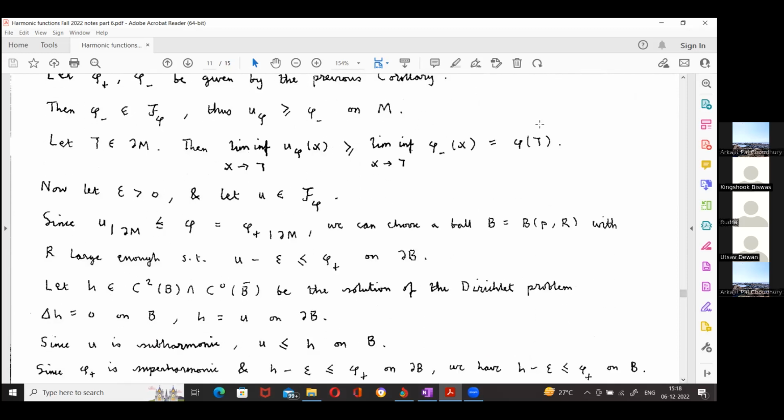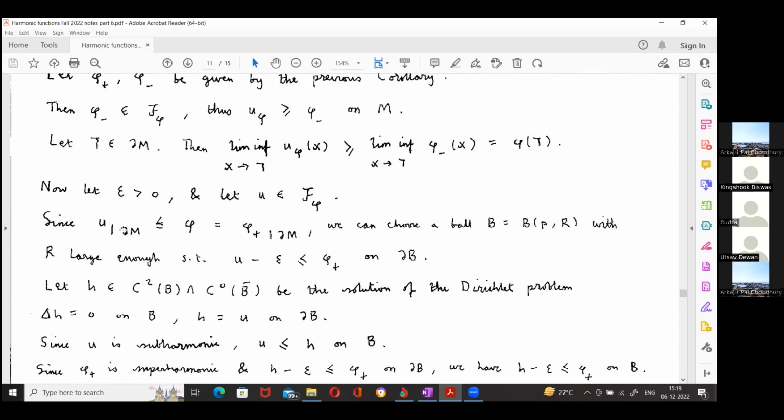Now we want to show the lim sup is less than or equal to phi xi, and then we'll be done. So let epsilon be positive, and let u be a function in the Perron family F phi.